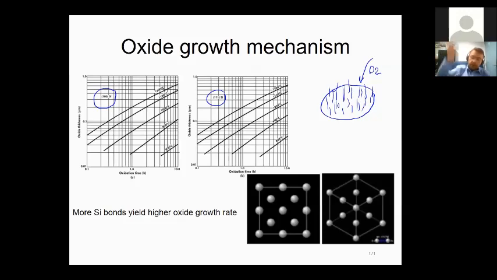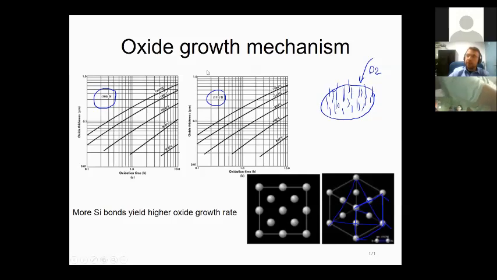I hope you can visualize it in your mind. If I don't have that many bonds, it's going to be slower. And this was the diamond structure of the silicon crystal. It will depend on how we orient the surface, either in the 111 or other orientations. I might have more uncompensated, what we call dangling bonds, or fewer dangling bonds on the surface.